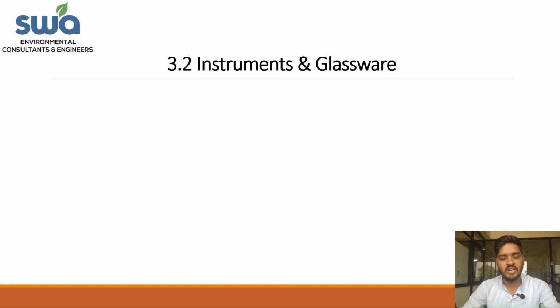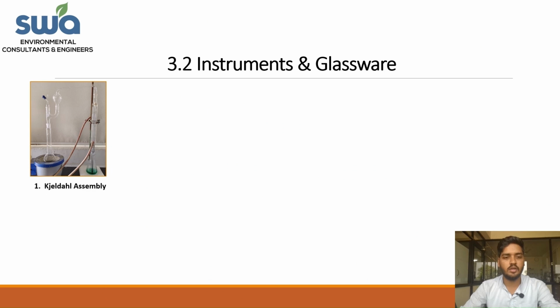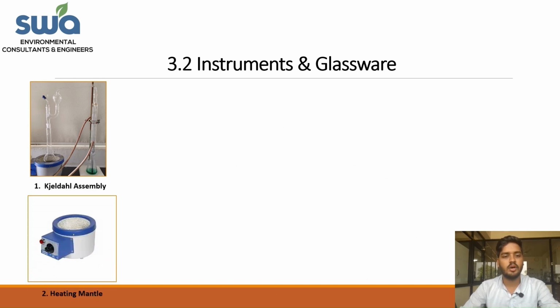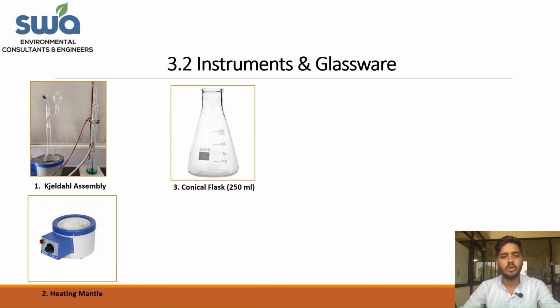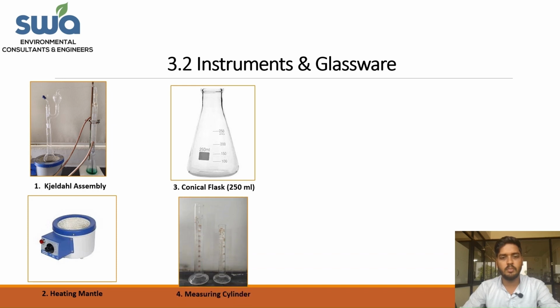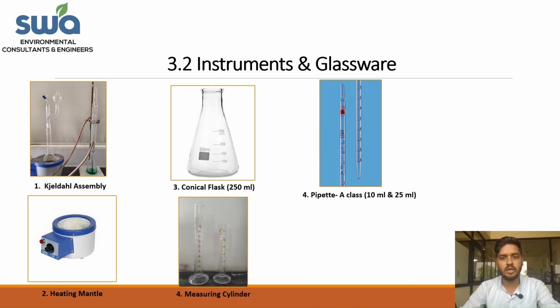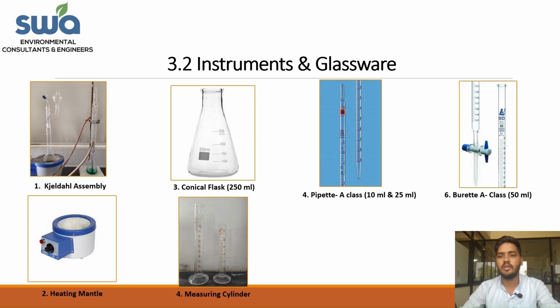In instruments and glassware, we will require Kjeldahl assembly, heating mantle, conical flask, measuring cylinder to measure the sample, pipette for adding the sample and reagents, and burette for titration. So these are basically the instruments and glassware we will require to perform this process.